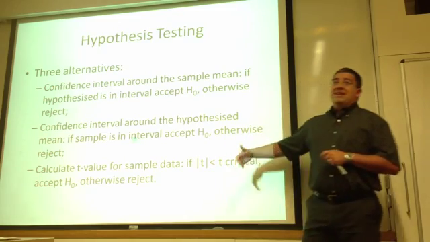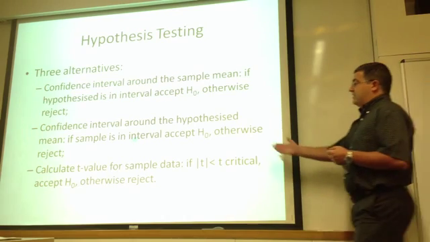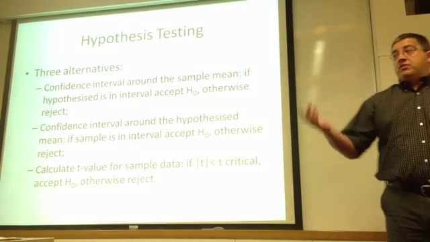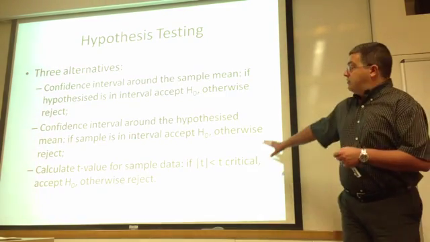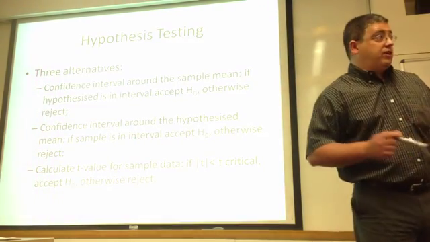Or calculate the t-value for the sample data and then compare the t-value with the t-critical that we get from the table. So obviously, needless to say, if I ask you a question like these, I will put the table in the exam.